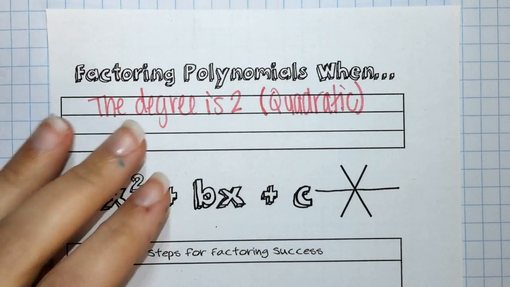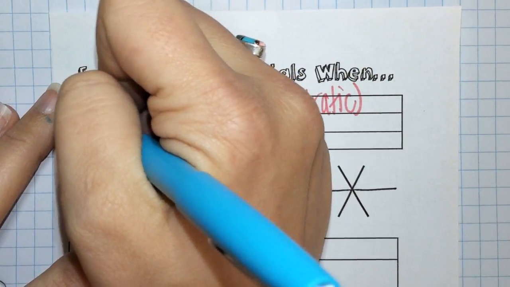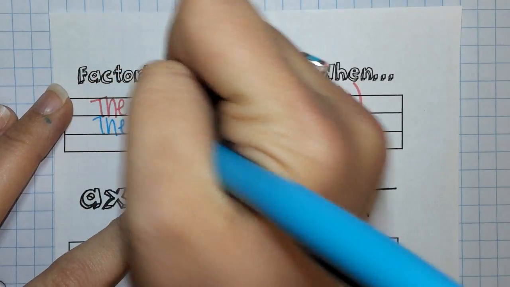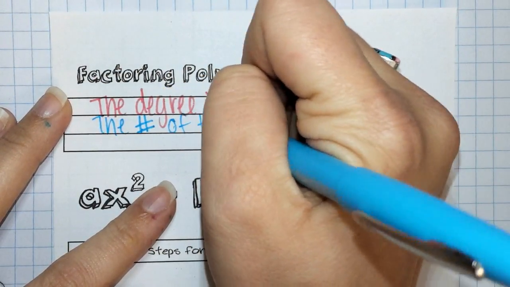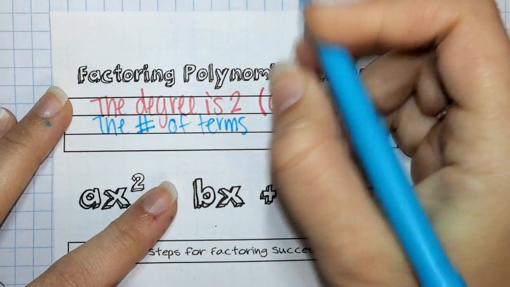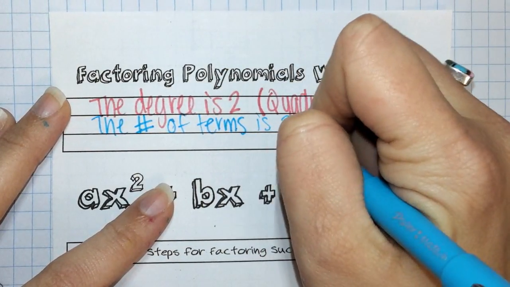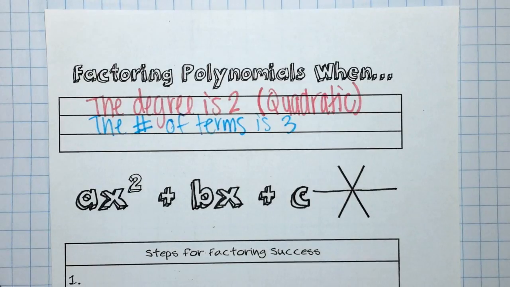We also use this method when the number of terms is 3. What's it called when it has 3 terms?